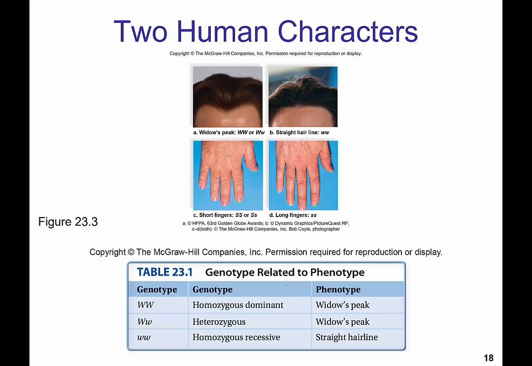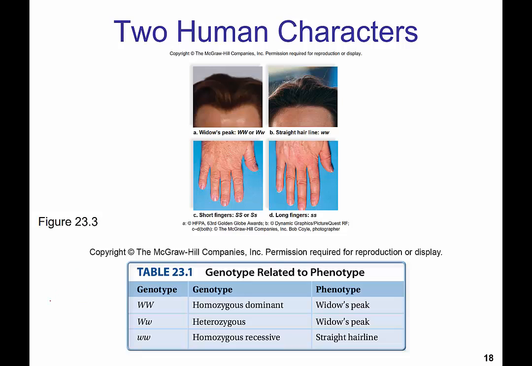So you can have an individual who is homozygous dominant, being big W, big W, or they could be heterozygous, big W, little w, or homozygous recessive. With genetics problems, even though we could have little w, big W, we usually switch those around so that it's big W, little w instead.